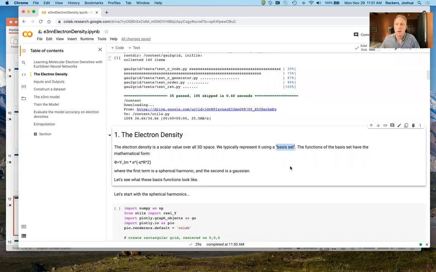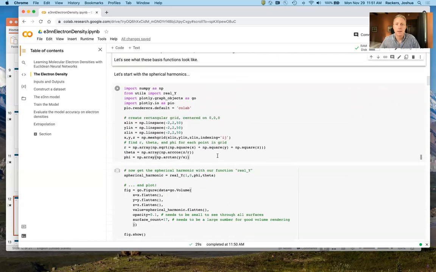And basis sets are sums of functions that have this form: some spherical harmonic times a radial function. And in quantum chemistry, the radial function that we choose to use is almost always a Gaussian. So this is this alpha parameter, which controls the width of the Gaussian, and then this r squared, which tells us that it dies away as we go further and further away from the atom.